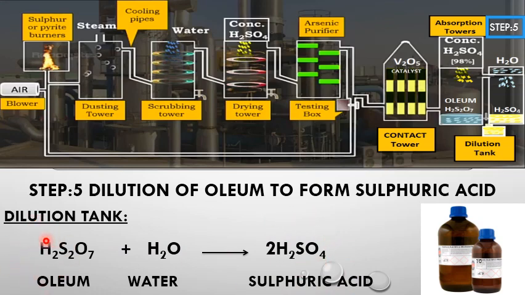Oleum or pyrosulfuric acid is introduced in the dilution tank where a little amount of water is sprayed over it, and as a result sulfuric acid is obtained and it is 99.8% pure. In step number 4, 1 mole of sulfuric acid is used, but as a result 2 moles of sulfuric acid are produced here in the dilution tank.